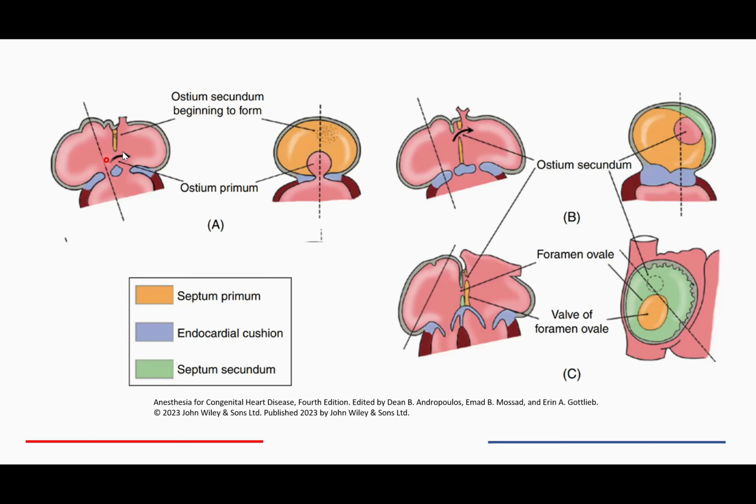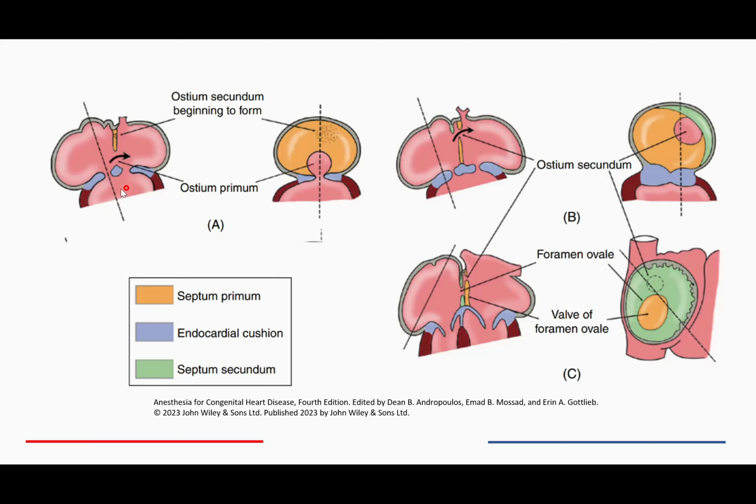So this is an ASD primum, and this almost always comes with an AV canal, whether partial or complete, because an absence of endocardial cushion not only prevents the closure of this ostium primum, but it also prevents the separation of the mitral and tricuspid valves and the development of the membranous interventricular septum.